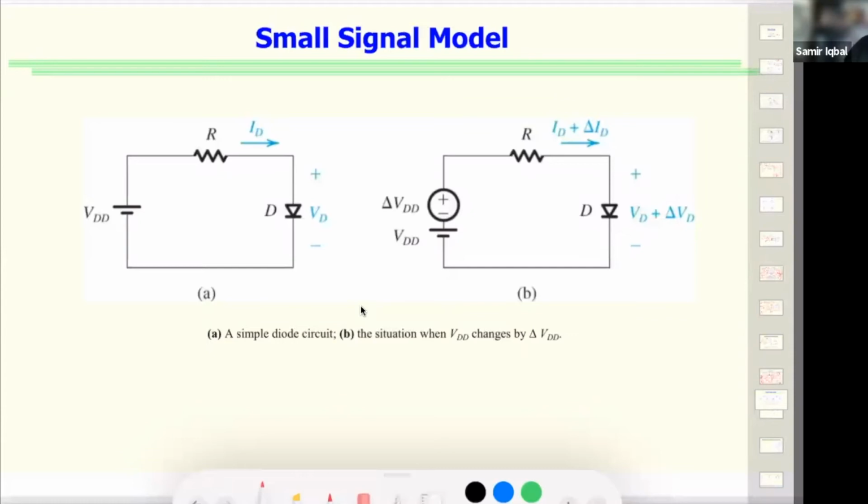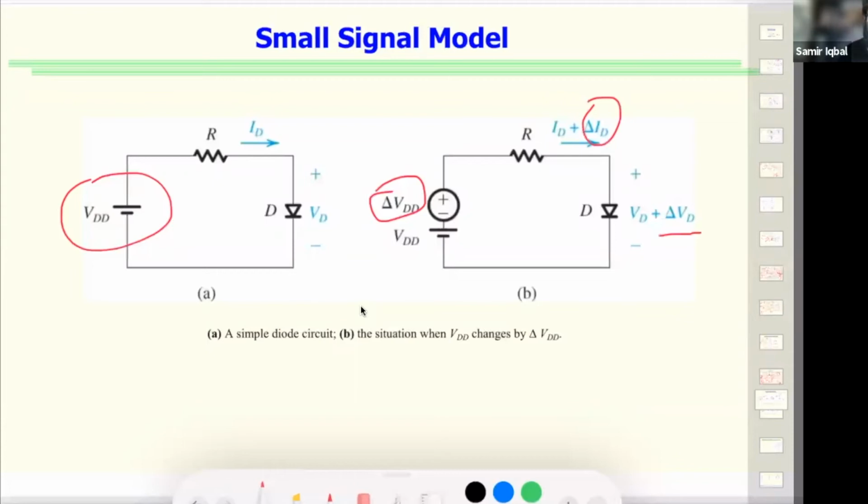Now, if this source is composed of a small signal, I don't want to call it an AC signal because that would have a periodicity. So let's just say there is a small change that comes with it, and we call it delta VDD. With that, there will be a small change in the diode current also, so we call it delta ID. The voltage of the diode would then change by an increment delta VD. So how do we find the values of these small changes?